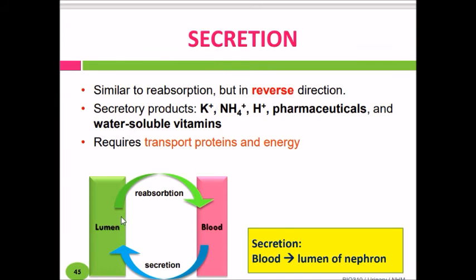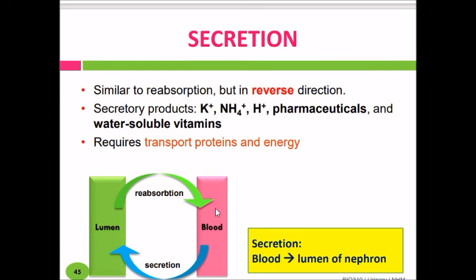If we recall, reabsorption is the process where the blood inside the blood capillaries will reabsorb substances from the lumen of the nephron back to the blood.